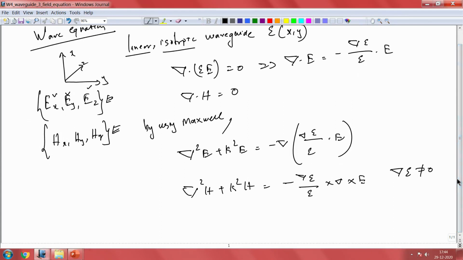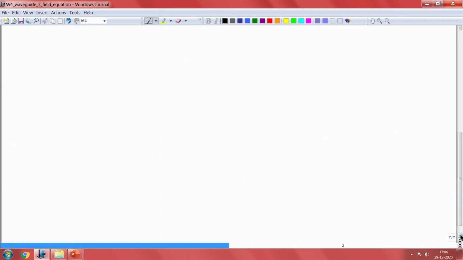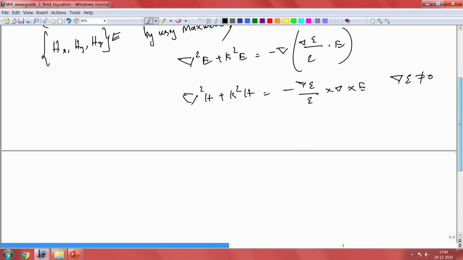So, for a TE mode, let us say, we have delta epsilon perpendicular to E, so that del epsilon dot E is equal to 0. So, each component of the electric field of a TE mode satisfies a homogeneous scalar differential equation. Okay. So, the magnetic field components of TE modes are still coupled. So, they are all coupled as well.